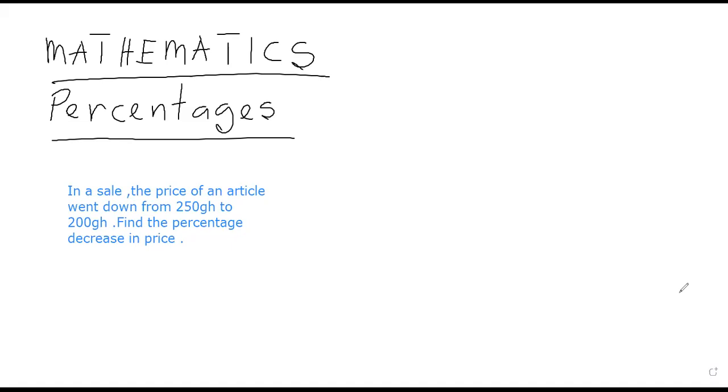So we're going to express the change in price as a percentage of the original price. So we need to find the change in price.